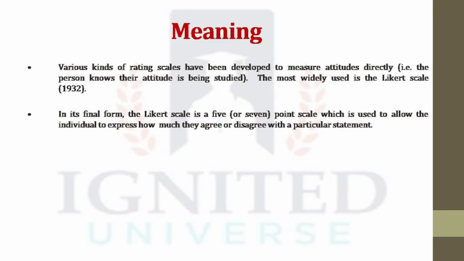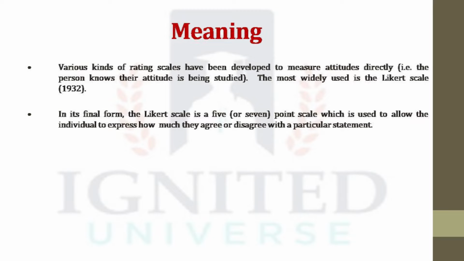The respondents are given a certain number of items or statements on which they are asked to express their agreement or disagreement. This is also called a summated scale because the scores on individual items can be added together to produce a total score for the respondent.